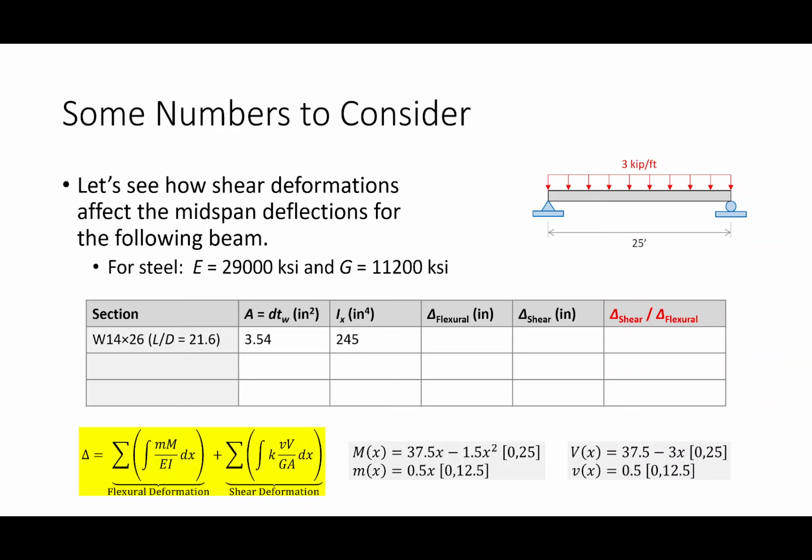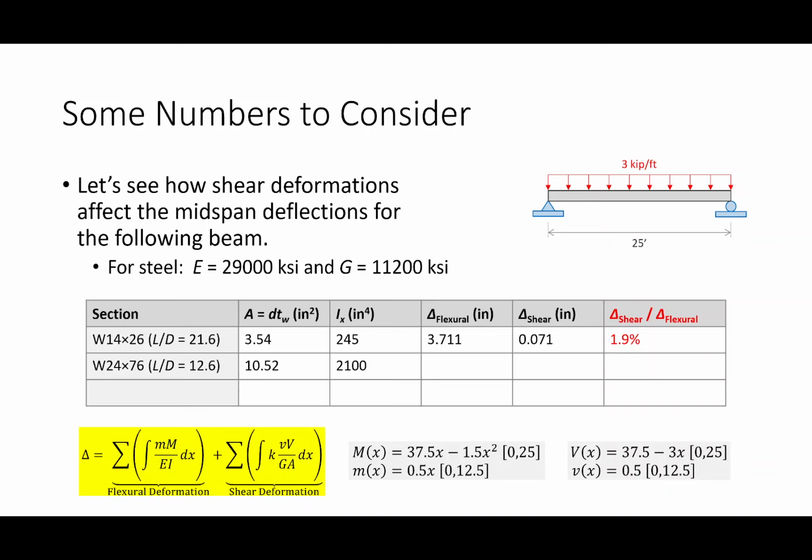So that's the area, that's the moment of inertia. And when you calculate all of this, for the flexure you get this number, and for the shear you get that number. So the ratio between the two, not that big of a deal. If you're not considering shear, your answer is going to be off by about 2%. No big deal.